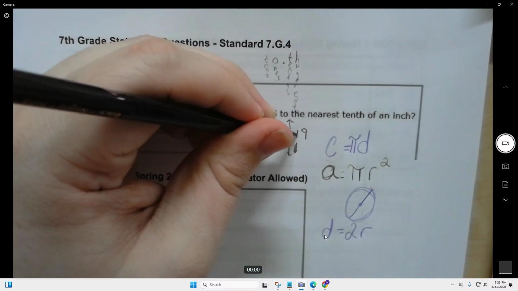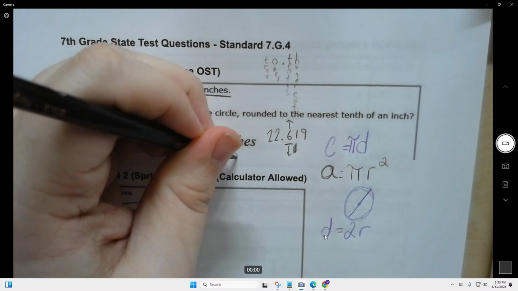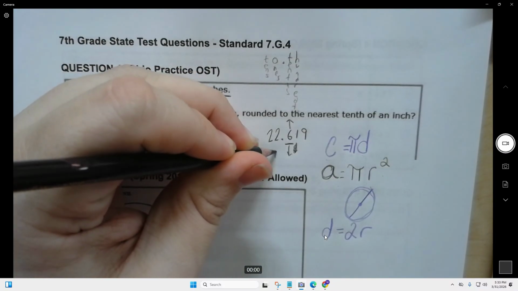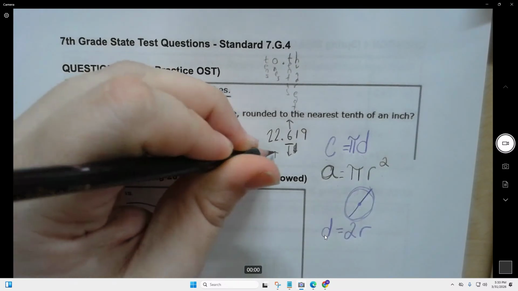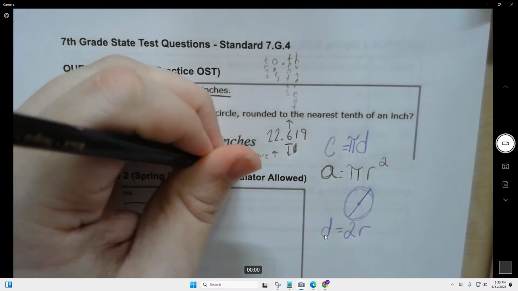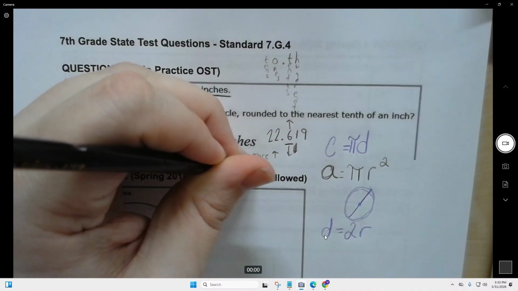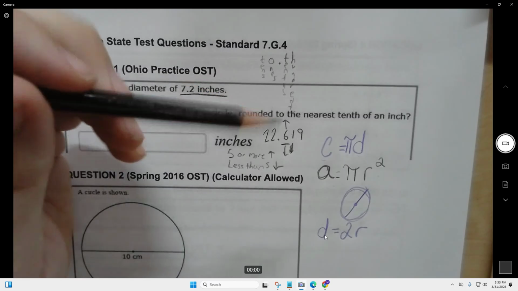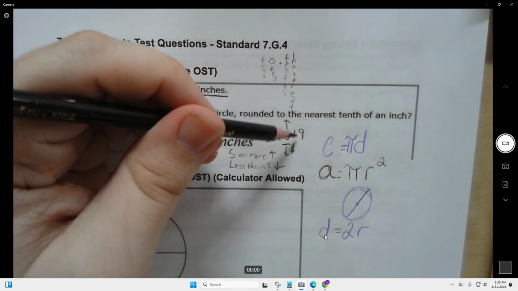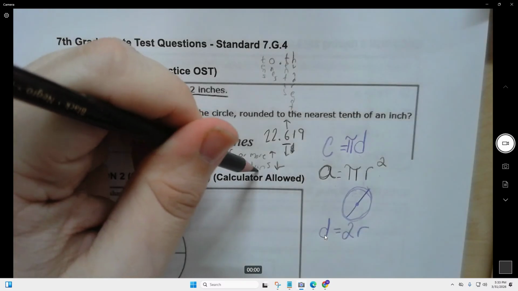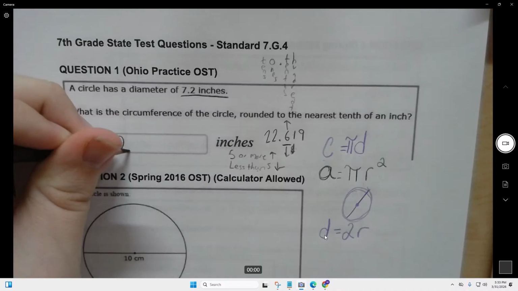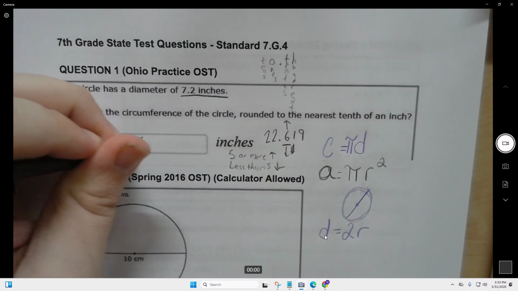If the number to its right is 5 or above, it goes up. If it is less than 5, it goes down. In this case, the number to the right is 1, which is less than 5, so it's going to round down. So we're going to cut it off at 22.6 inches.